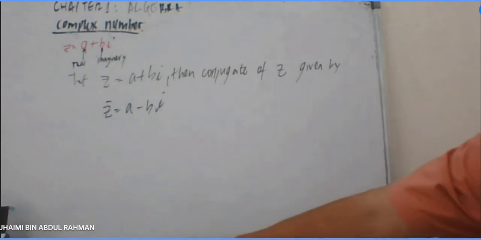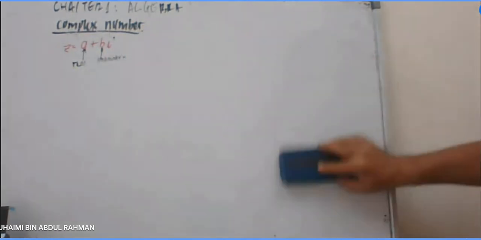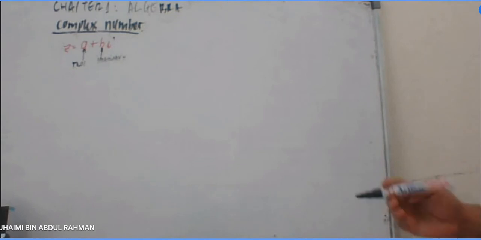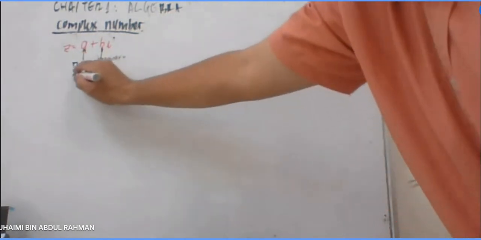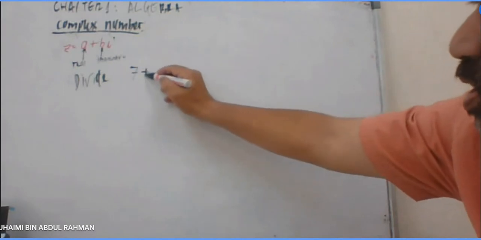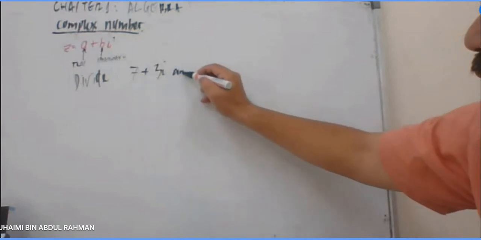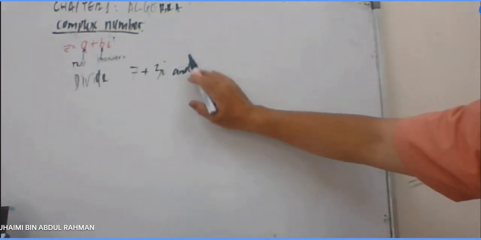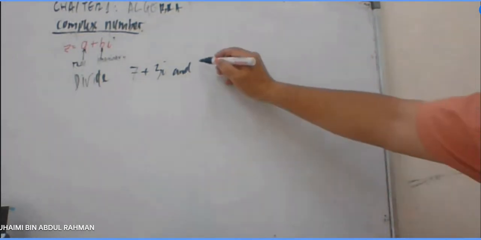For instance, let's say we need to divide the complex number 7 plus 3i by 4i.